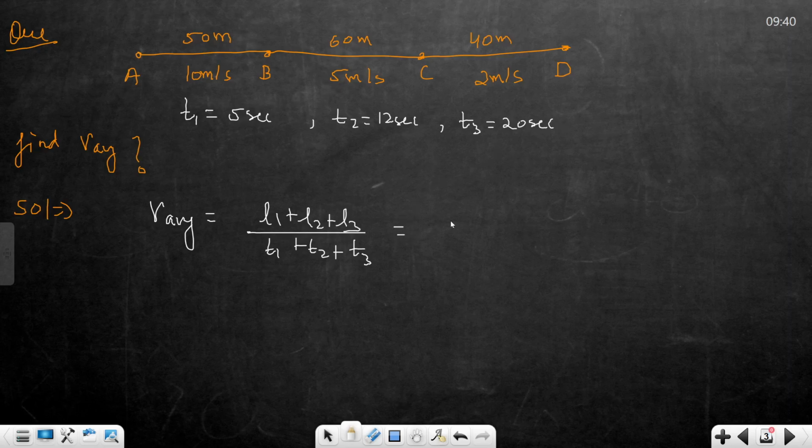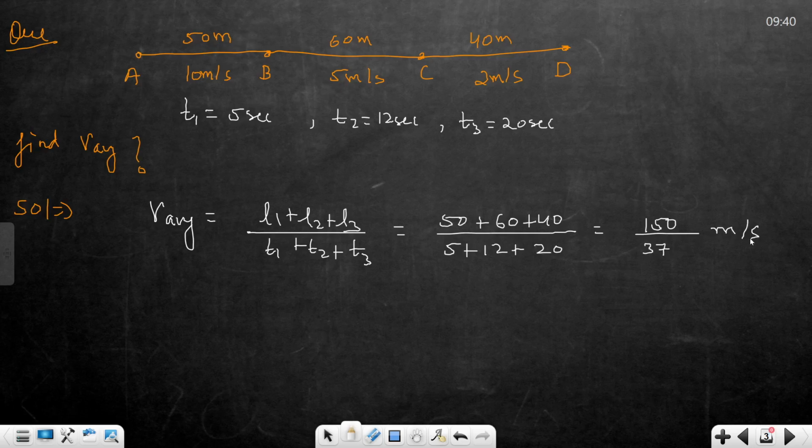Clear? 50 plus 60 plus 40 divided by 5 plus 12 plus 20. So that is equal to 150 divided by 37, which is about 4.05. This is the required answer. You don't need to solve to decimal places, the fraction will work. Okay, 150 by 37.